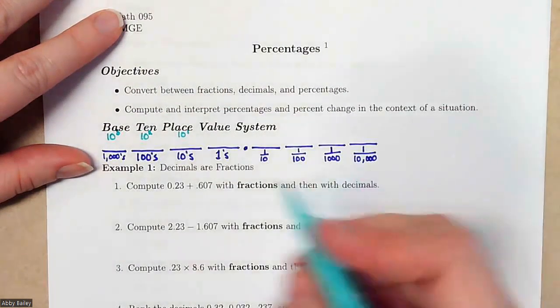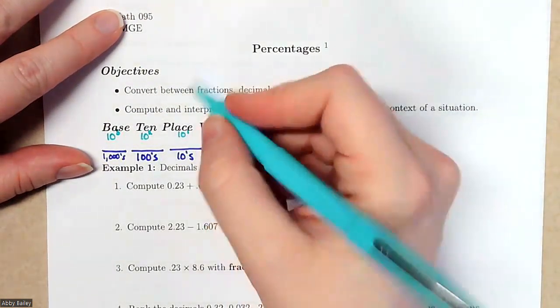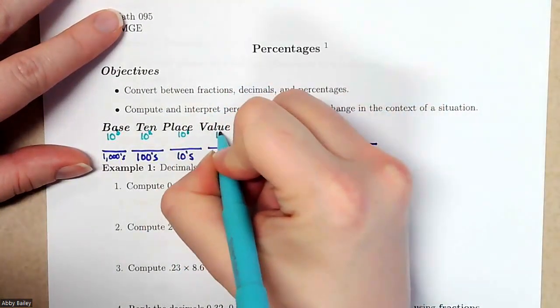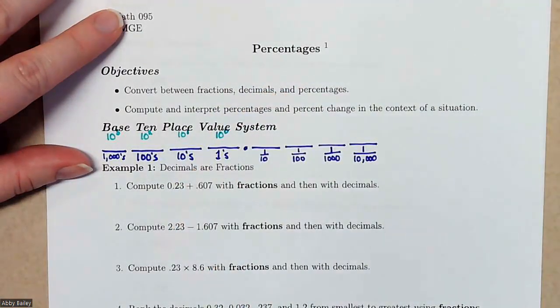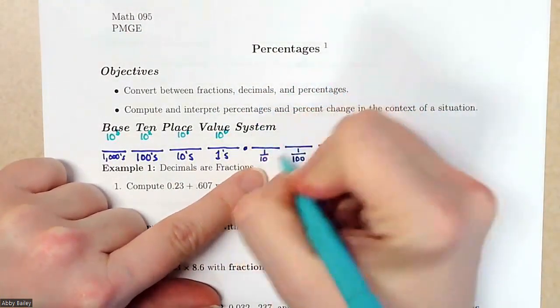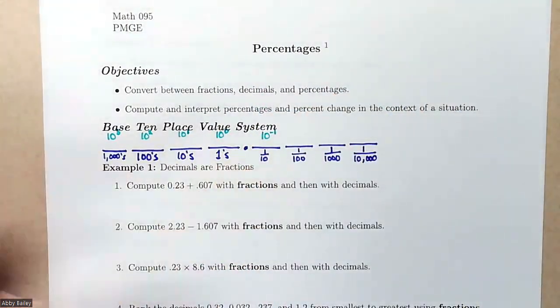So this is just 1, so this is actually no groups of 10. So this we go 10 to the 0 power. And then on the other side, in order to go into portions, we say this is 10 to the -1 power.